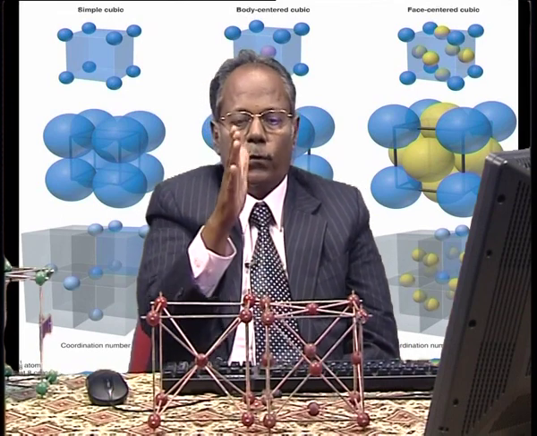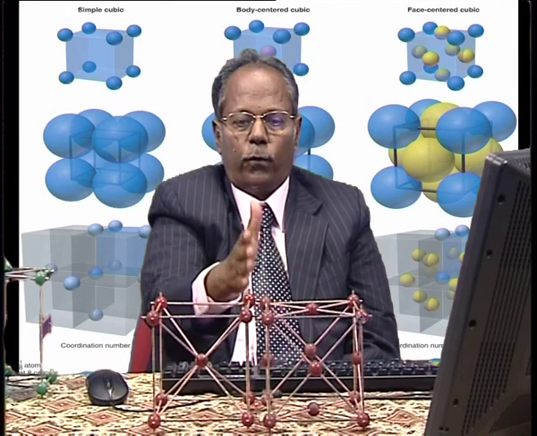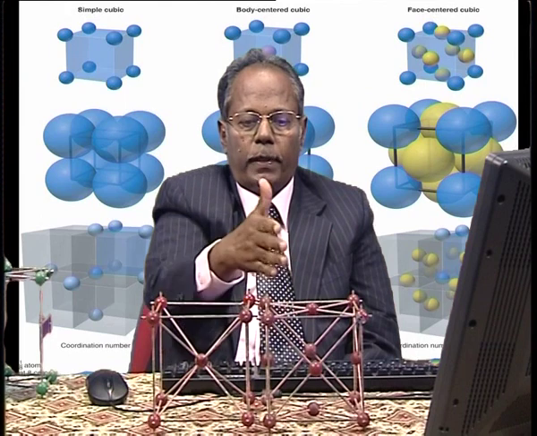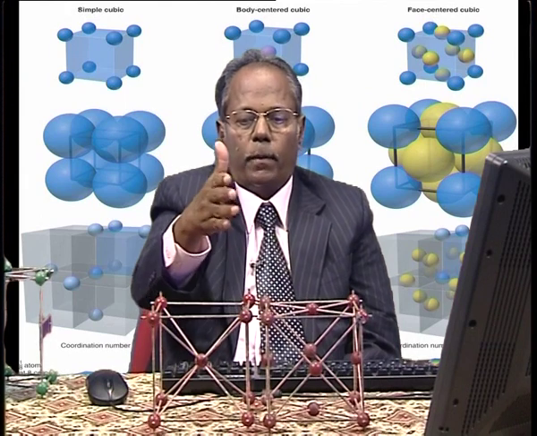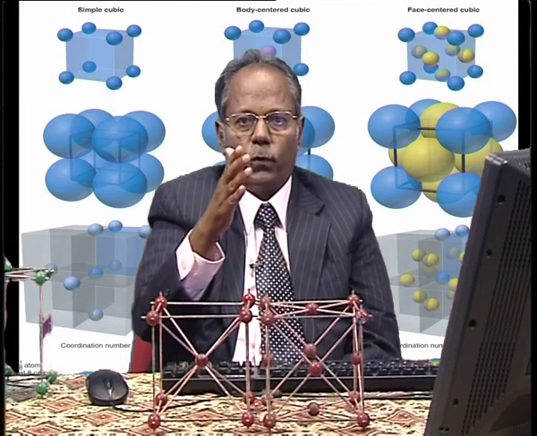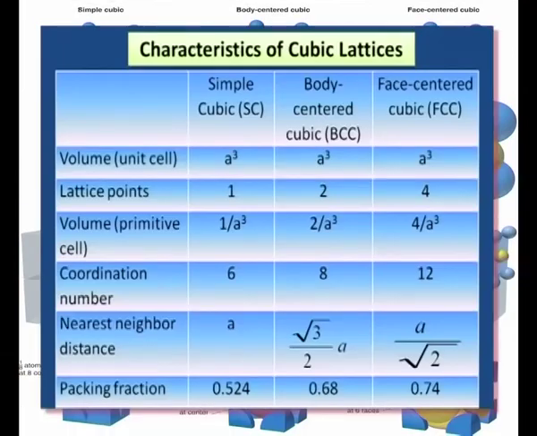That is how you get 4 from the same plane, 4 from the same cell at the face centered positions, and 4 from the adjacent cell again at the face centered positions. So, 4 plus 4 plus 4 makes 12. This is somewhat difficult for beginners to understand, as to how you get 12 as the nearest neighbors or coordination number for the face centered cubic structure.